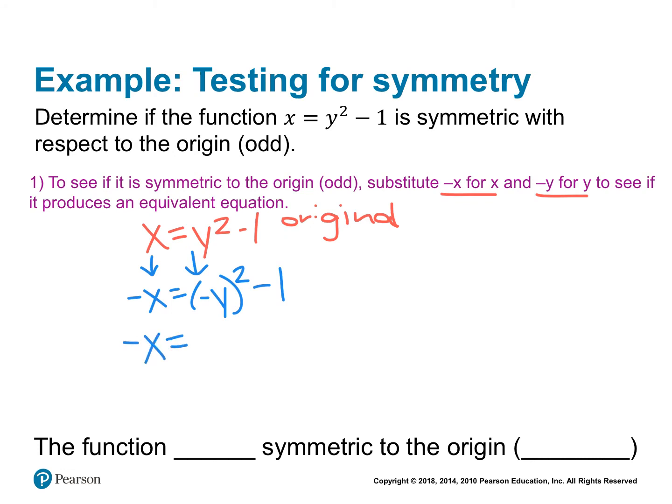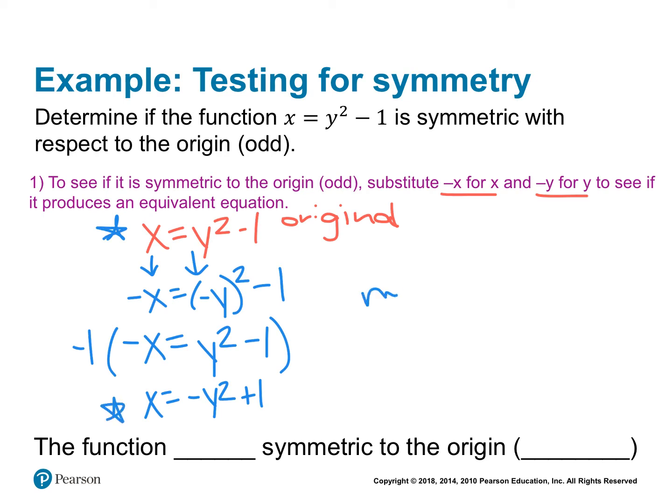Negative y times itself is going to be positive y squared minus 1. So there it doesn't look the same. If I try to multiply by negative 1 to get it to be x equals something, I'm still going to get a negative y squared and then plus 1. So you can see these do not match. So no, not equal. The function is not symmetric to the origin, so it's not odd.